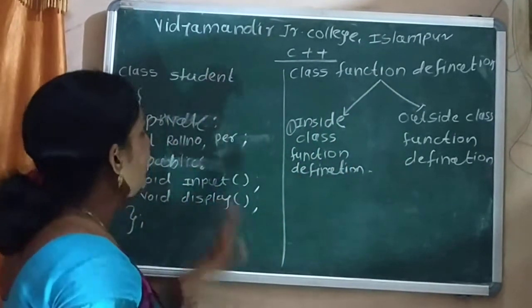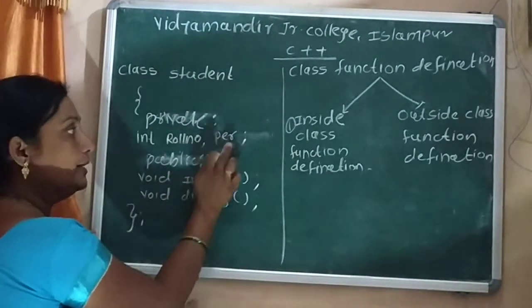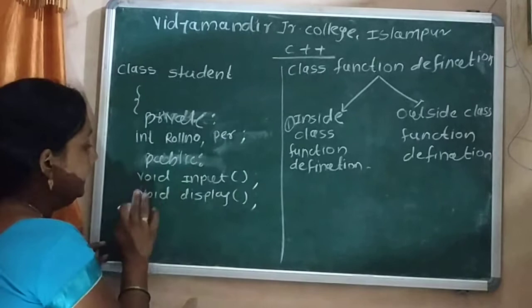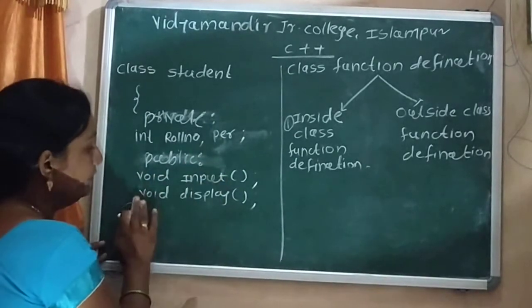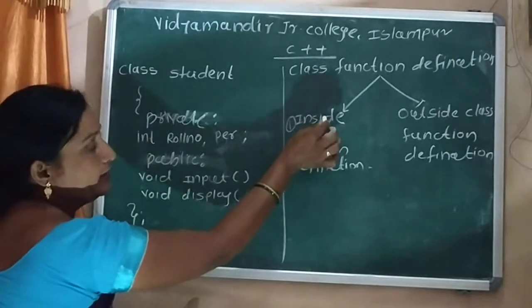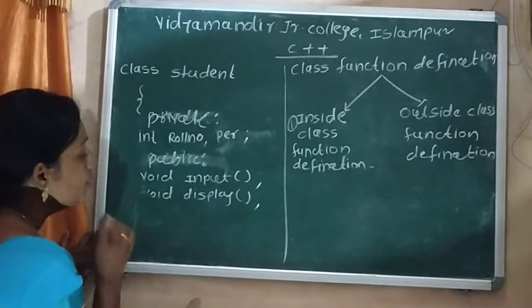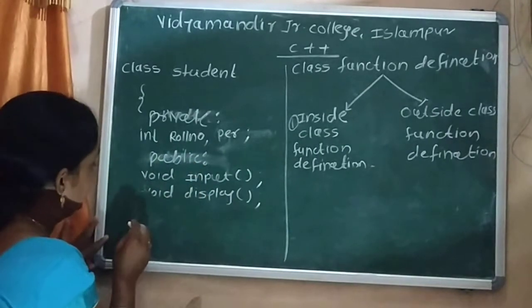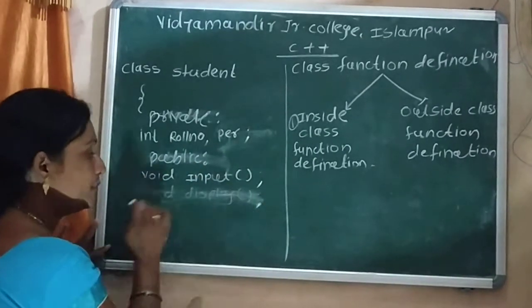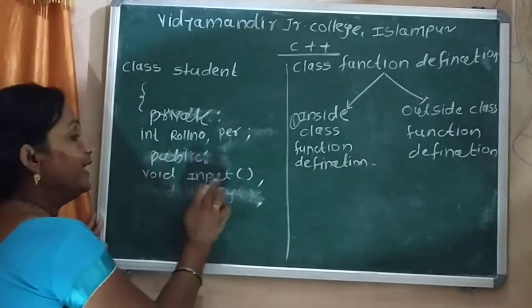For example, class student, here private, roll number, percentage, public, void input, void display. That is a declaration. In inside class definition, here we can also use the functions. First we discuss the input function, void input.